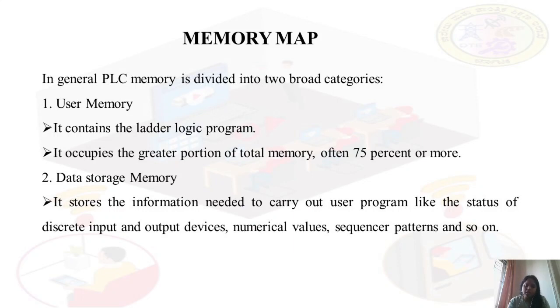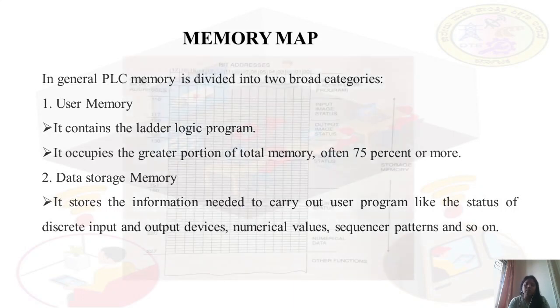It contains a ladder logic program, and always the user memory will occupy the larger portion of the memory, that is more than 75%. The other memory is the data storage memory. In the data storage memory, it stores the information needed to carry out the user program, like the status of the discrete input and output devices, numerical values, sequential patterns, and so on. That is for data storage memory.